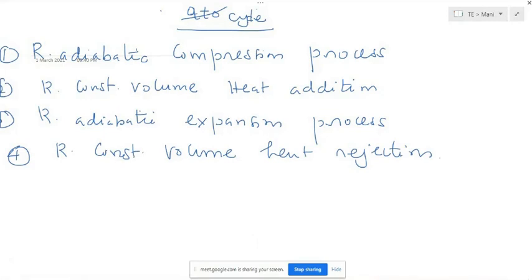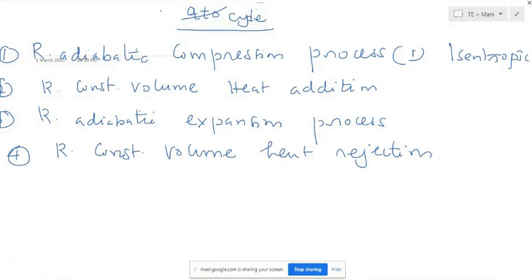Two are adiabatic processes, and the other two are constant volume processes. The reversible adiabatic process, otherwise we can say isentropic process. Already we know this, maybe studied in thermodynamics itself. Reversible adiabatic, otherwise we can say isentropic process.